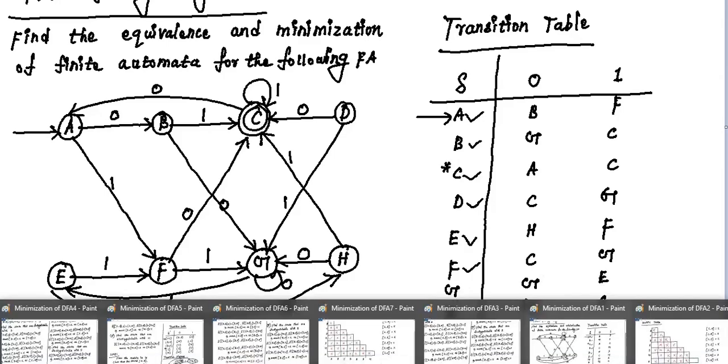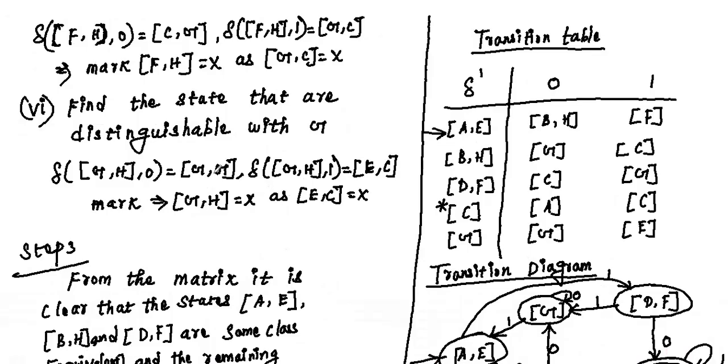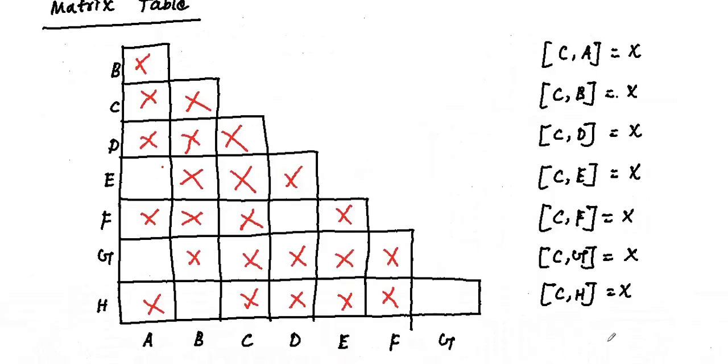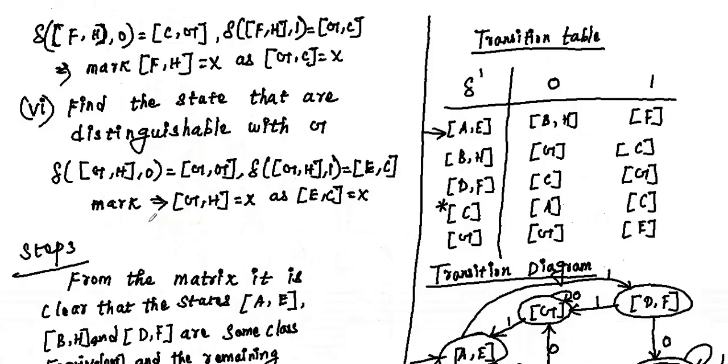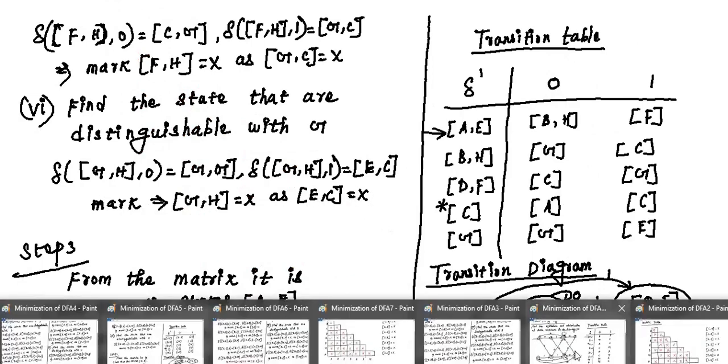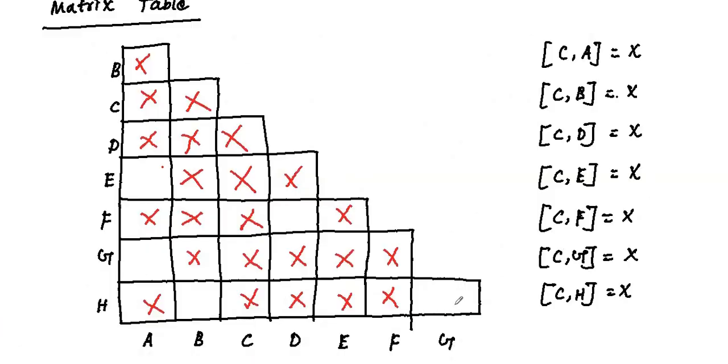Here you write GG, EC. In these two answers, EC means in the first step we already put the cross mark CE. CE or EC, both are the same. Here mark GH cross mark because EC is a cross mark. Go to the matrix table. In this matrix table, GH, put a cross mark.